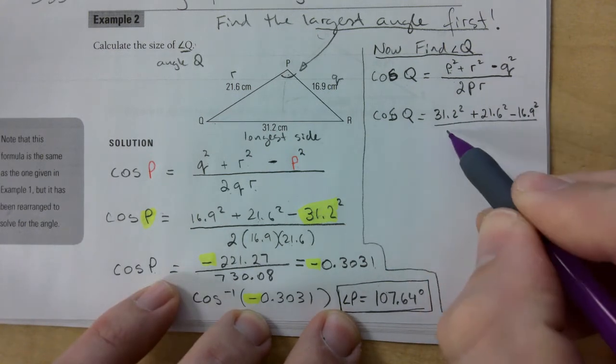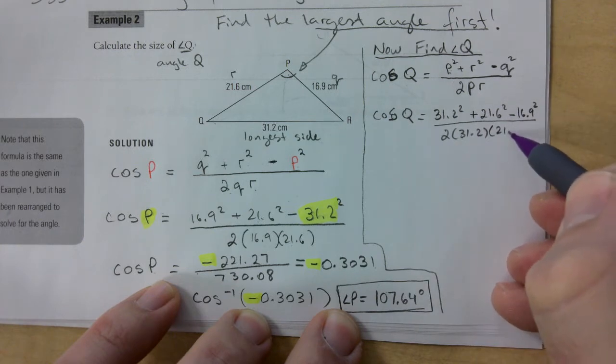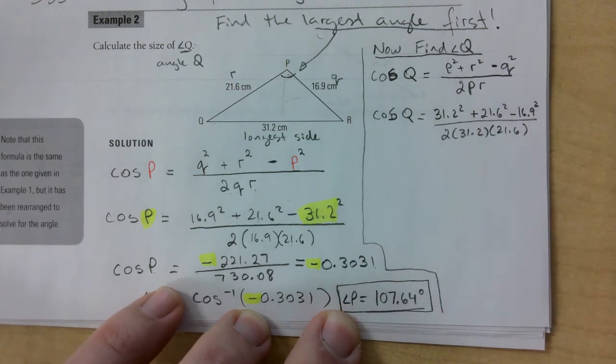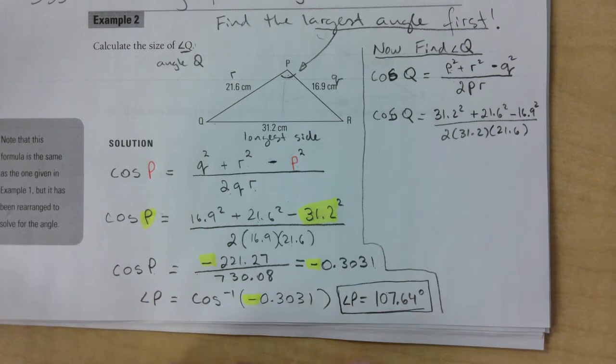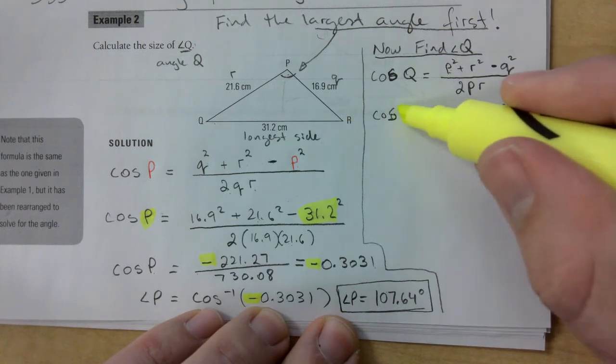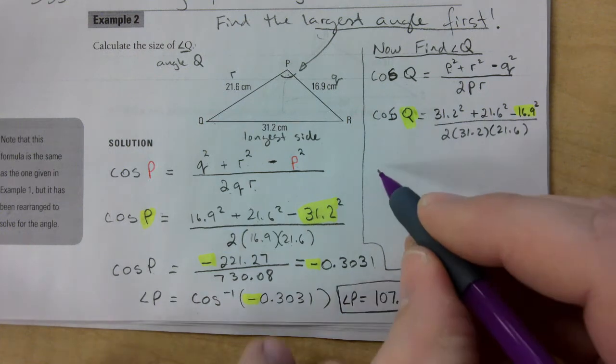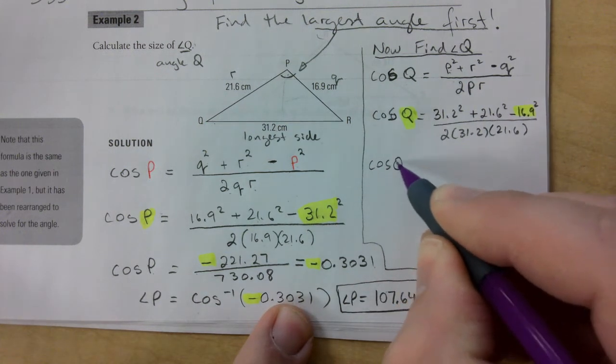Over 2 times 31.2 times 21.6. So highlight this, right? This side is across Q. And then we figure out what that is.